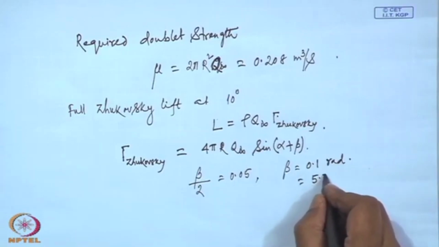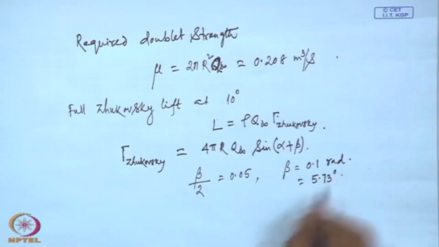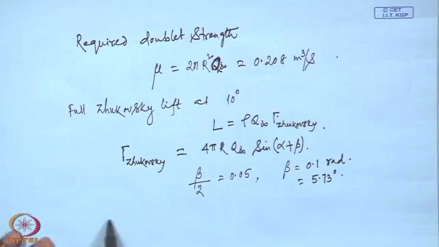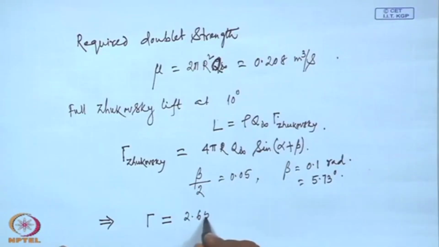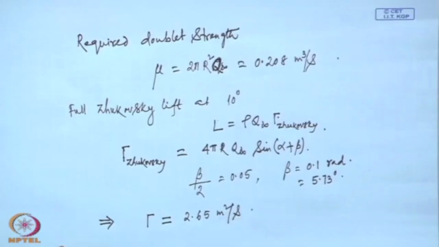That is equal to approximately 5.73 degree. So, now we can put that value. This will give the circulation to be 2.65 meter square per second.